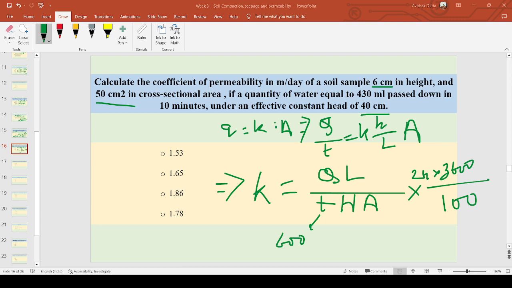Anyone? All right, I'm getting the answer C. Option C, 1.86 meter per day.